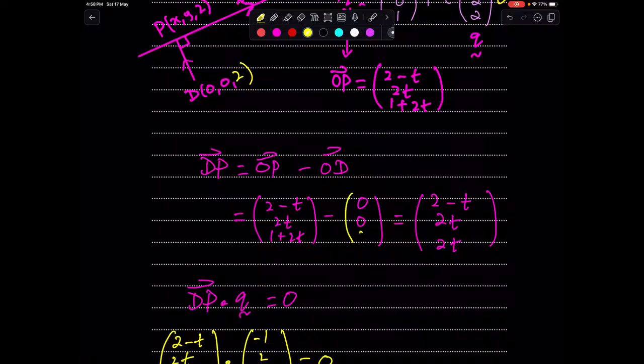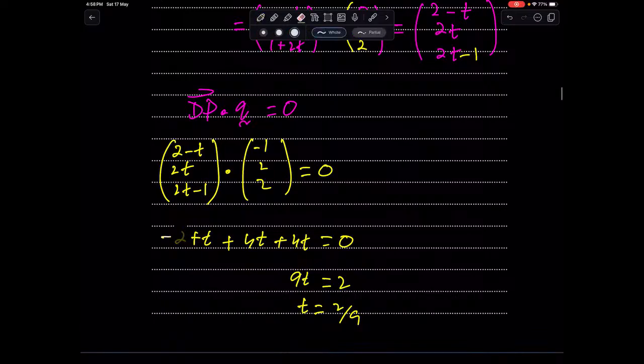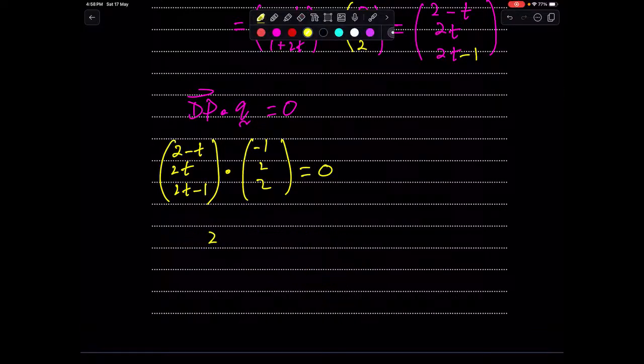So this is 2. So this should be 2t minus 1. So minus 2 plus t, 4t, 4t minus 2. Therefore t is 4 upon 9.